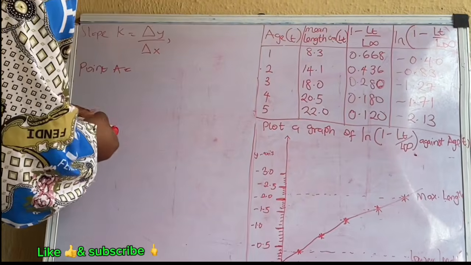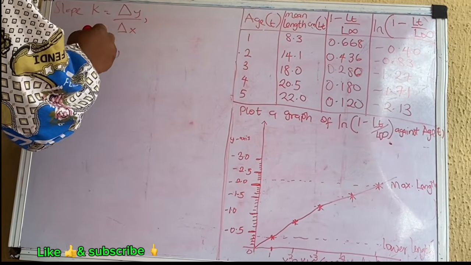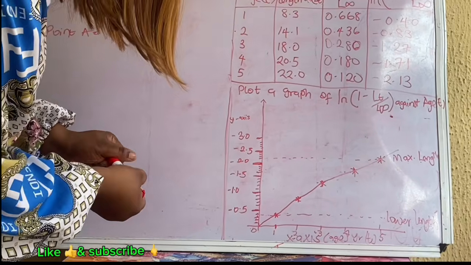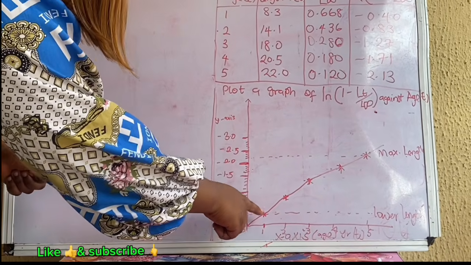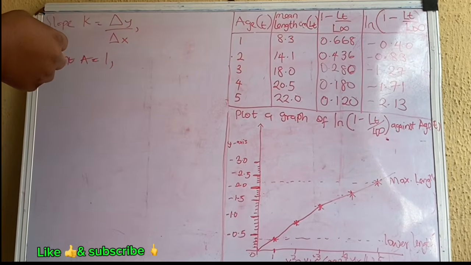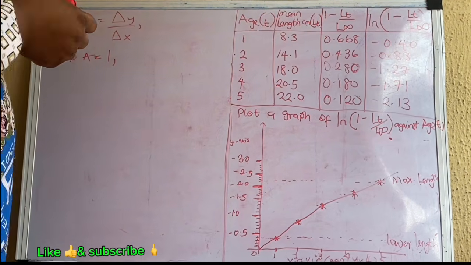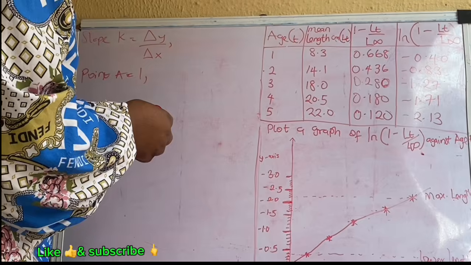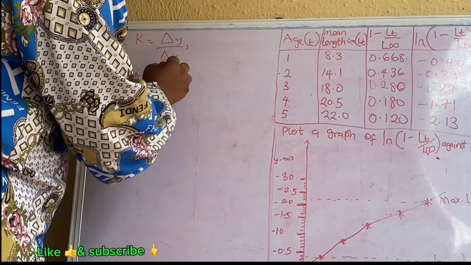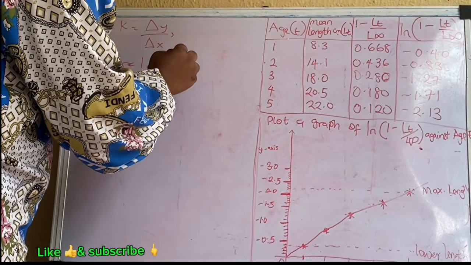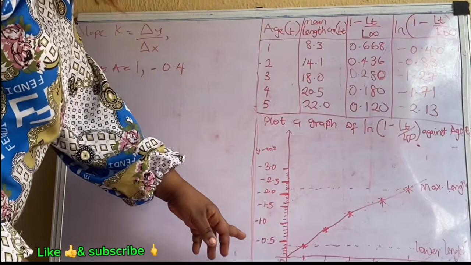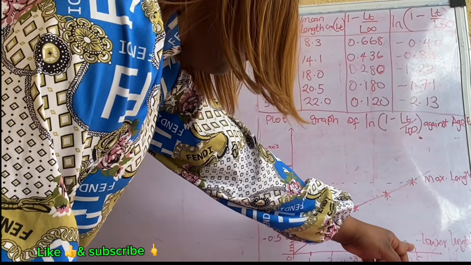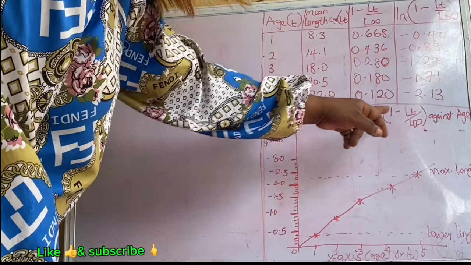The first point here is 1, and minus 0.4. Look at it very well. That's your point a. Then your point b is 5 and minus 2.1.